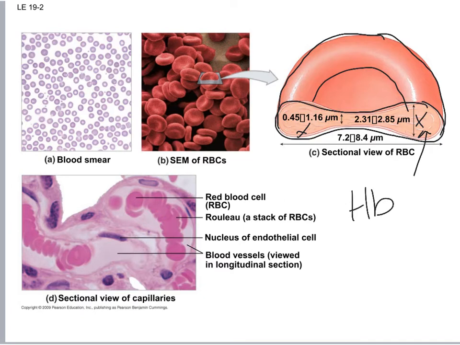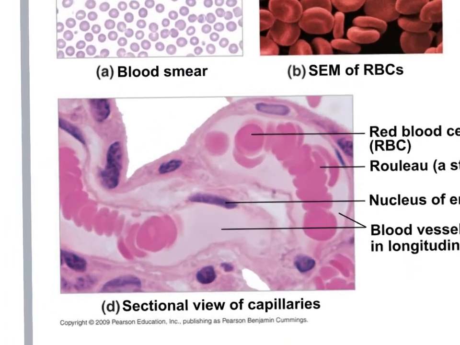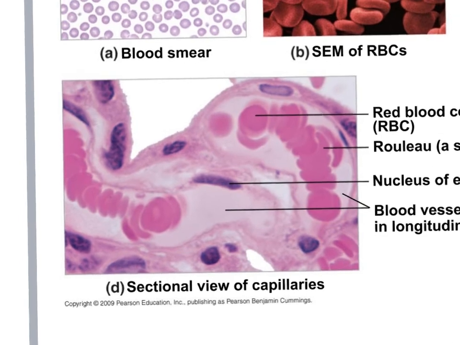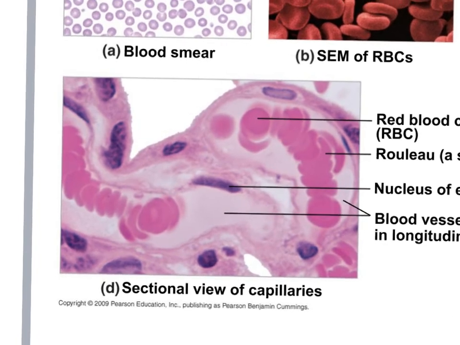Hemoglobin is the protein, and the inside of the red blood cell is made up of about 96% of the hemoglobin protein, okay? It also enables that red blood cell to stack up in a rouleau formation where they are just stacking up together, one on top of the other.